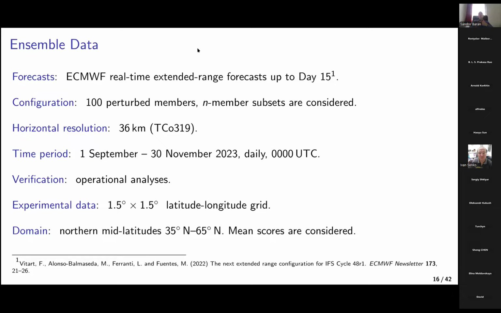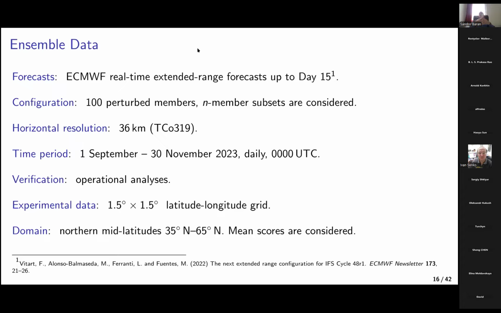These initial conditions are obtained from atmospheric observations, and the output of the system is the so-called control forecast. After that, they perturb the initial conditions and provide 100 more outputs corresponding to these perturbed initial conditions. That's what represents the forecast uncertainty.